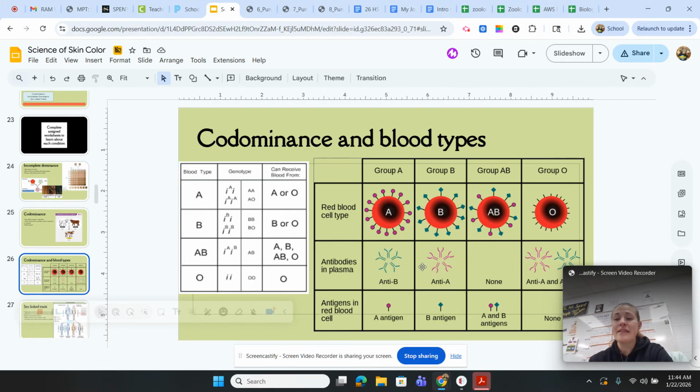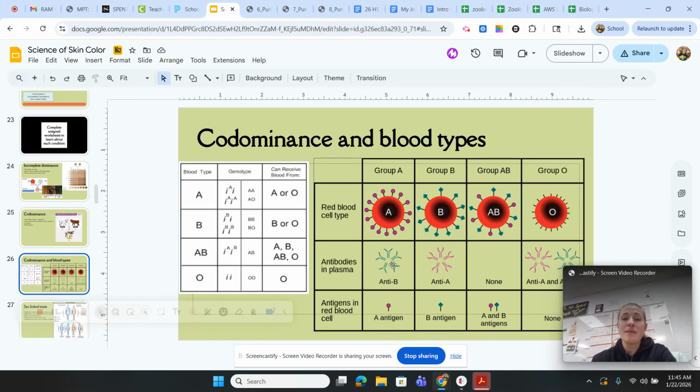In your body, this is actually part of your immune system, where if you have type A blood, you have type B antibodies. That means if type B blood gets into your system, like if you have a cut and somebody bleeds on you, we don't want other people's blood getting in us. That is how a lot of diseases are carried.